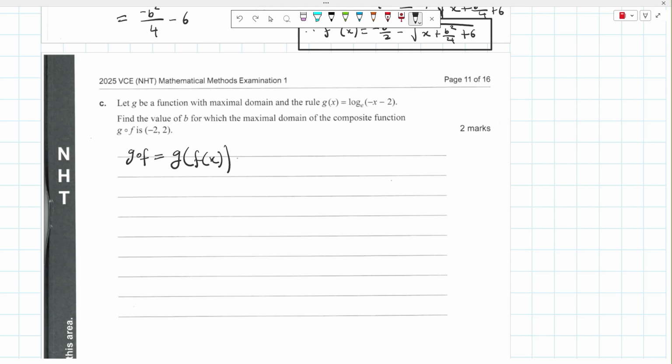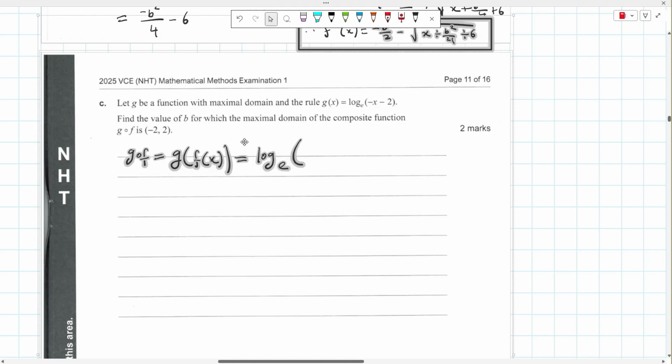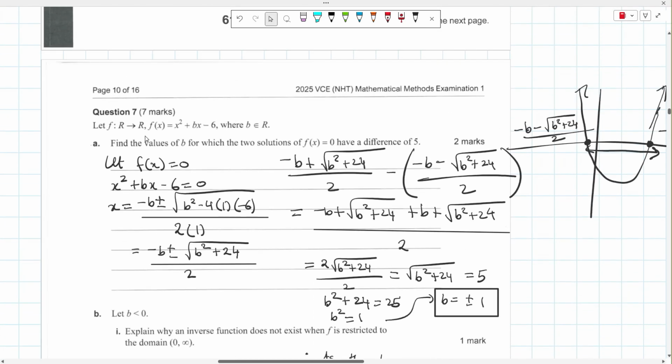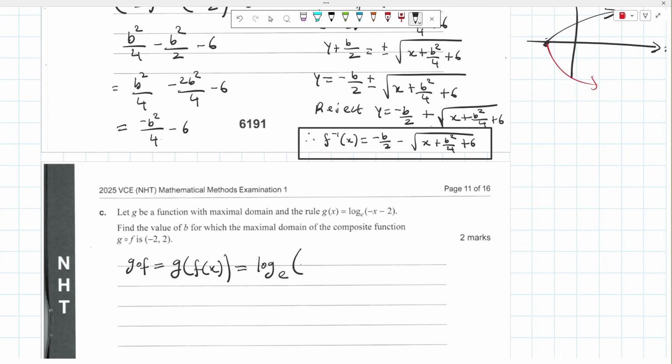Okay, let's find this composite function first. So you just take g, and wherever you see an x, you just put f of x there. So negative x squared plus bx minus 6 minus 2.